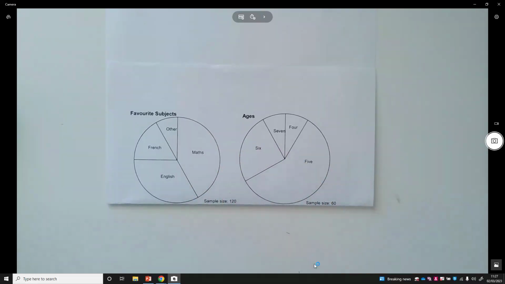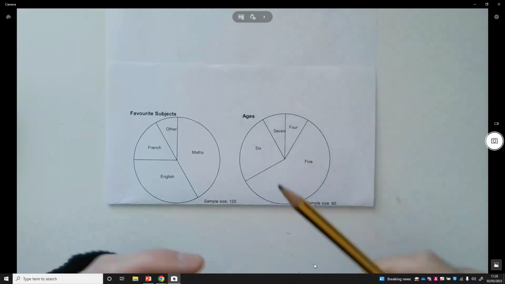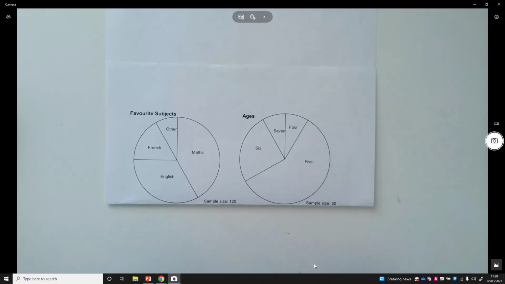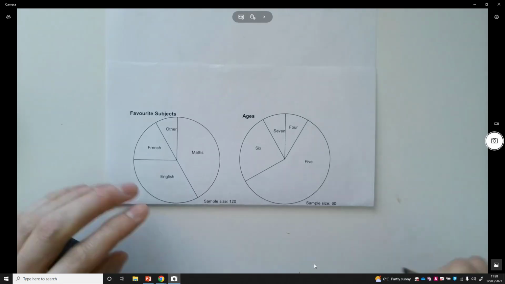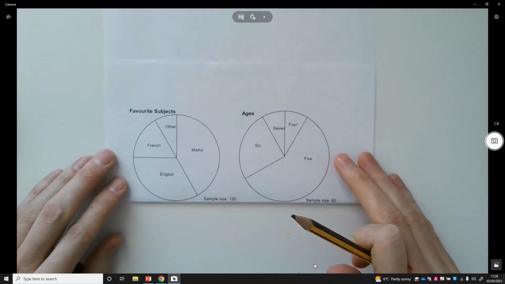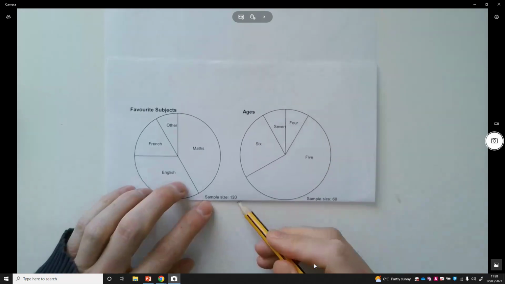Like the previous video, I'll probably have to go back between my tablet and the camera a couple of times, so it might be a bit of a faff. Bear with me if I have to switch things around or pause the video at certain points. But the key thing to note is the sample size of 120.